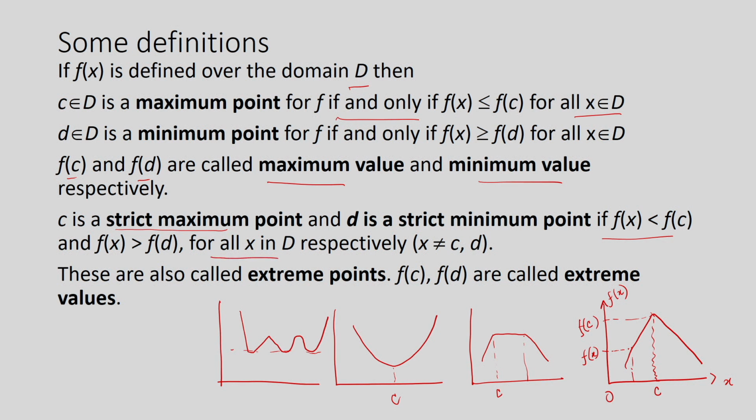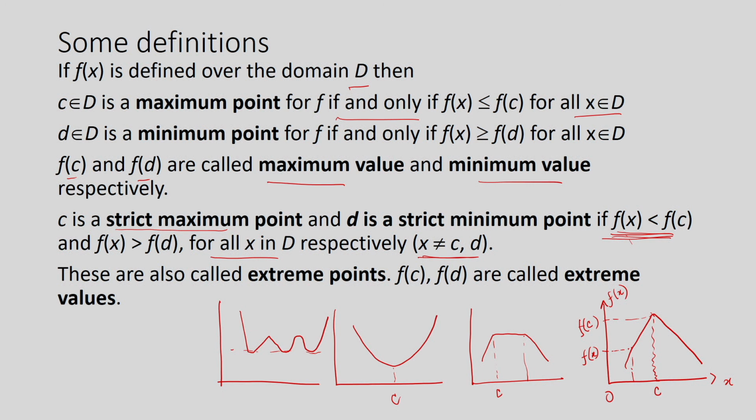Now, if we are talking about strict maximum and strict minimum, obviously the x that we are considering cannot be those points themselves. That is why I have this not equal sign, because if x is equal to c, then obviously f(x) is equal to f(c), but then this condition will not be satisfied. So, for comparison, I need to take x which is not equal to c, and then the strict inequality has to be satisfied.